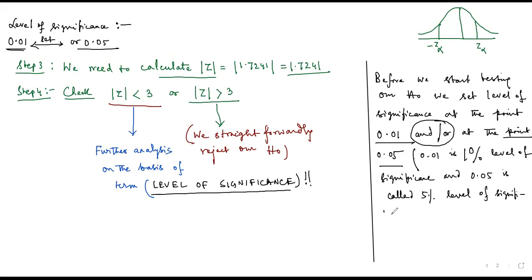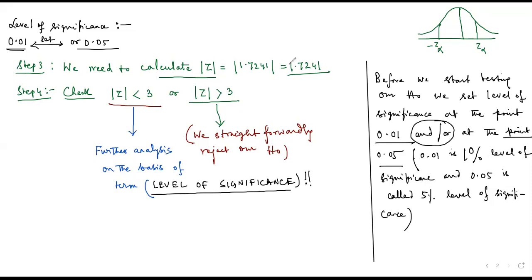Why I have written 'and or' is because in this particular problem, nothing has been mentioned whether we need to set the level of significance at 5% or at 1%. So what statisticians do in this case, they try to test the null hypothesis at both levels of significance.